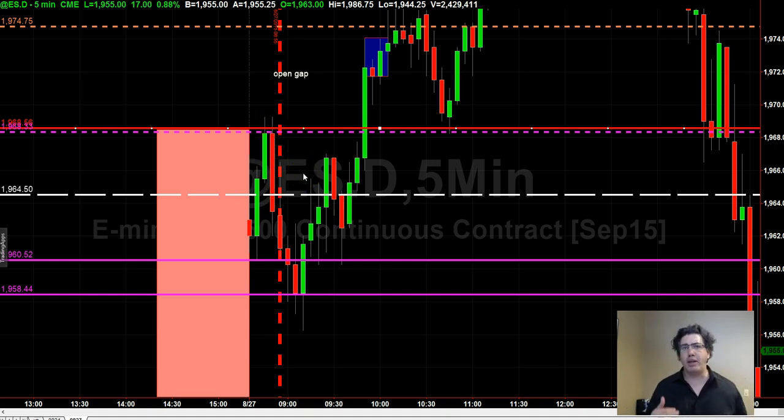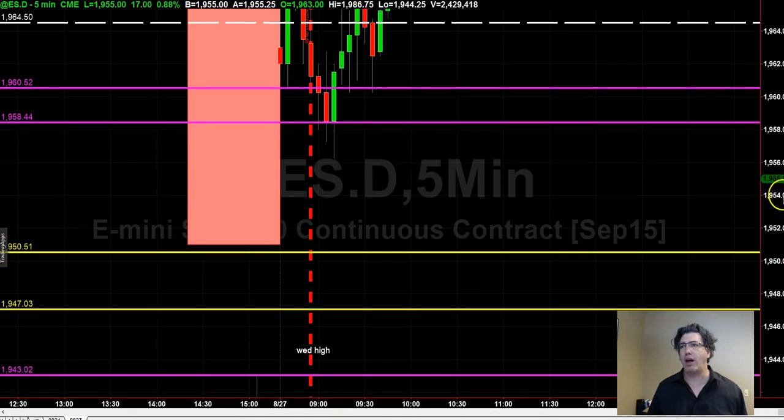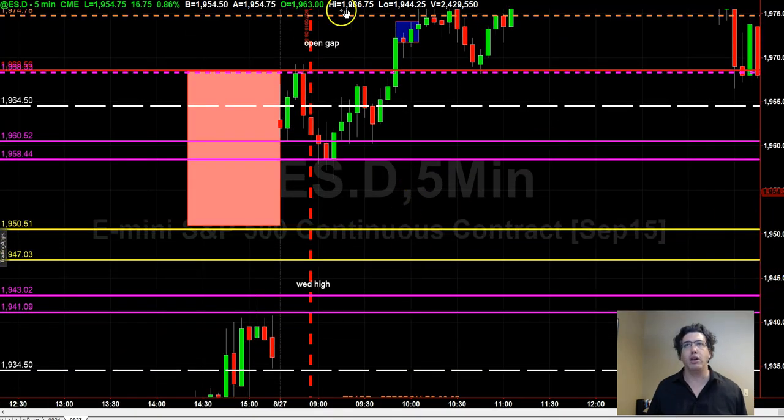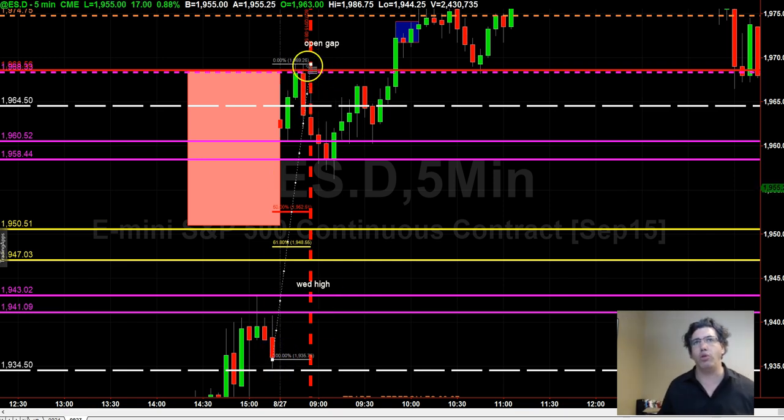And then the other pieces that we were looking for is we wanted to figure out who was in control, buyers or sellers. And it was pretty clear. Here's the close. If you just draw a 50-60 from the close to the current swing high, assuming that it doesn't reject right out of the open, you can see that we never even came back for a test of the 50-60. Buyers were in complete control.